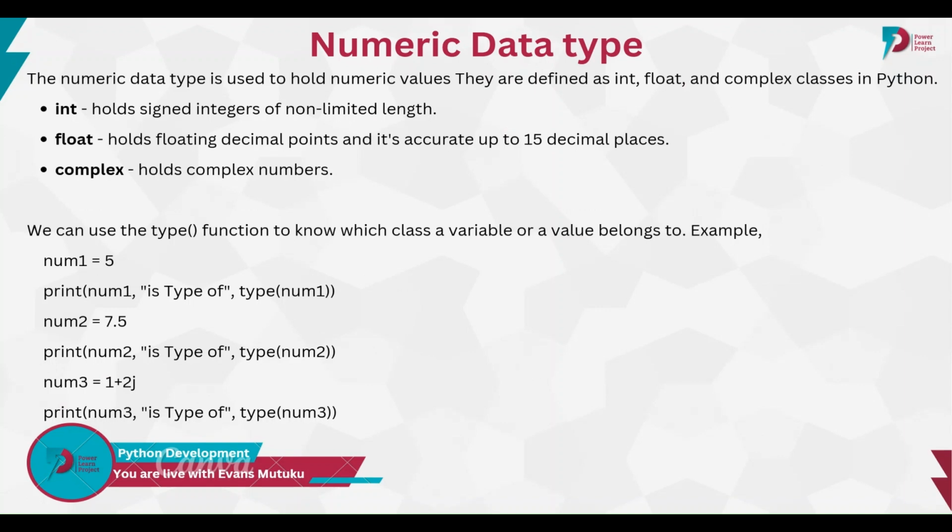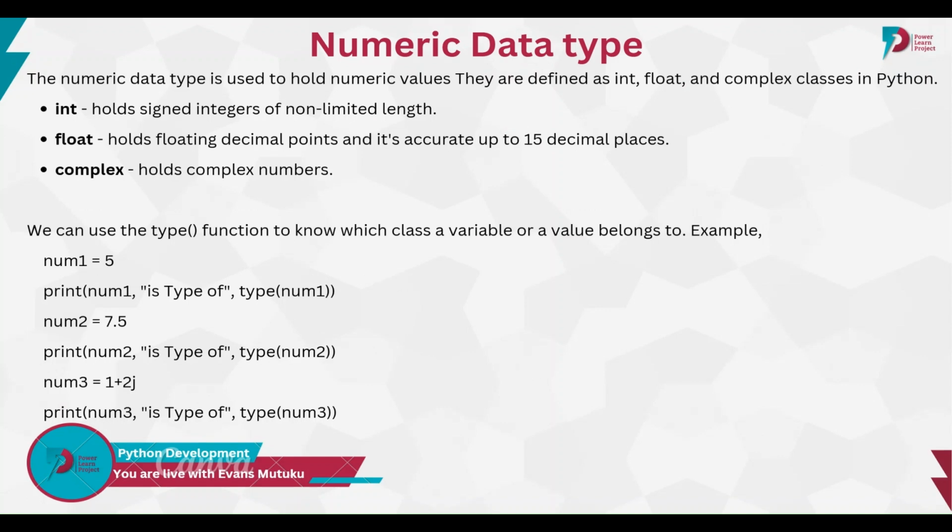In numeric data types, we have 3 different data types. We have the int. The integer means non-limited length. That is 25. It's an integer, a whole number. Float is a number with a decimal point, like 15.6, which is a float numeric data type.